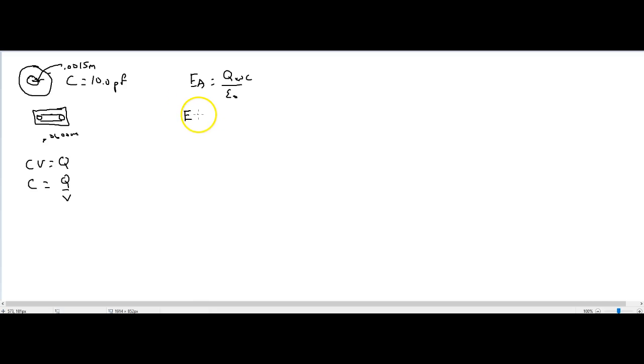And this is E, the area of the shape I would draw between the two, which is a place where the electric field is relevant in terms of voltage difference between the two plates, is going to be a cylinder. That cylinder, remember, is going to be 2 pi r times the length of the cylinder. And that's going to equal our old charge per unit length times the length of the cylinder divided by epsilon naught.